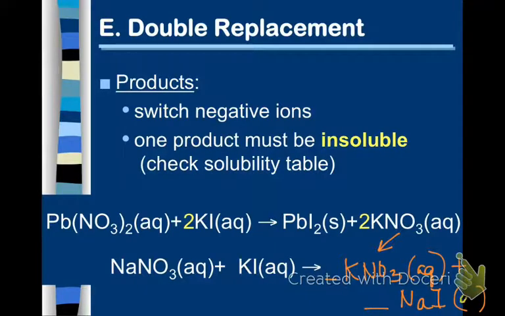So guess what? That one's also aqueous, in solution. Since there is no precipitate, that doesn't occur, no reaction. So you can put those two liquids together, and their ions are still going to be floating around. It's not going to actually form a precipitate. So no reaction. Use your solubility table for double replacement reactions.